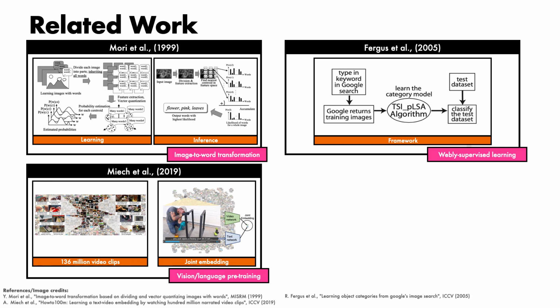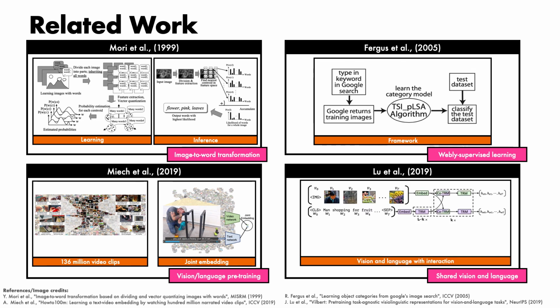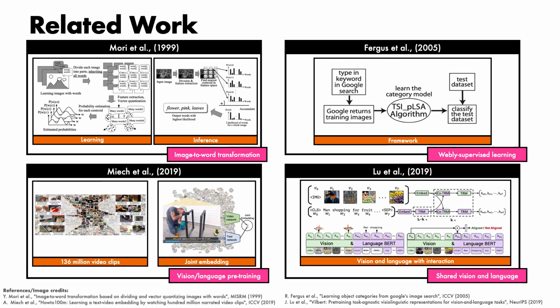Finally, there have been many works designing systems that jointly model vision and language with forms of cross-attention. An example is the ViLBERT model of Lu et al., which ingests vision and language tokens and processes them in parallel streams with co-attention layers. The model is trained in a BERT-style manner, with a mask prediction loss and a loss on predicting whether the vision and text correspond.